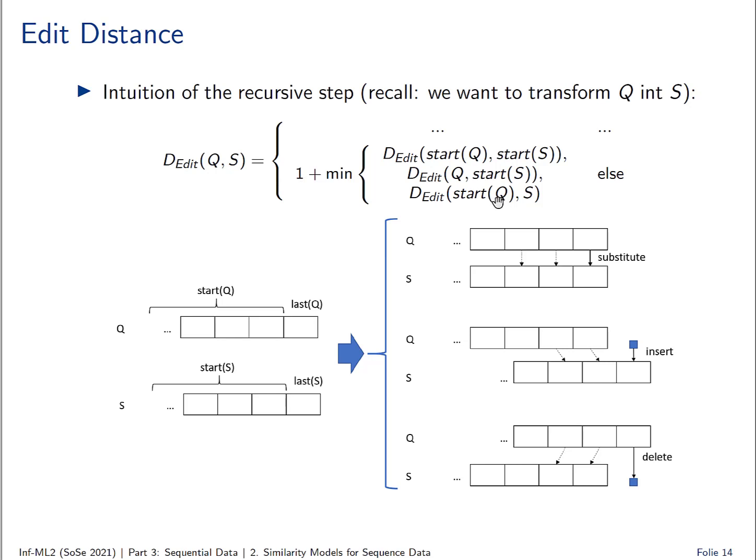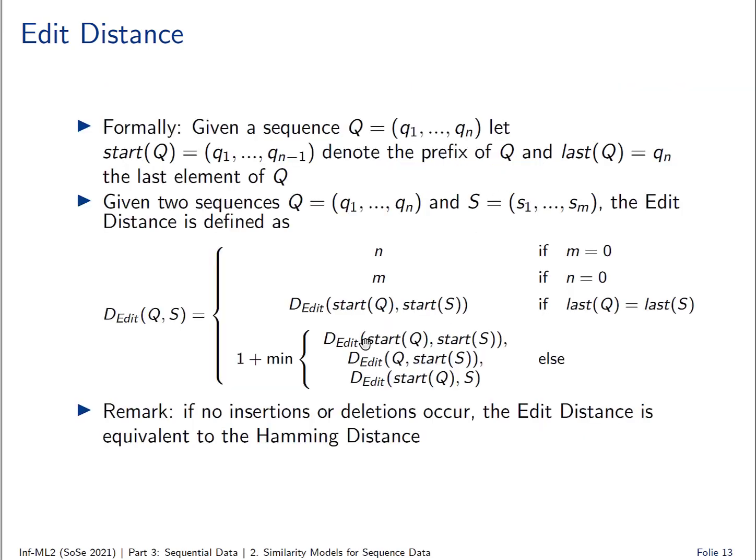And of course, since we want the edit distance to be the minimum number of edit operations, we look at all of those three options and take the one with the minimum number of edit operations. So we take one, which is the edit operation for the last element, plus the minimum of these three options here. And that is the most important part of this recursive formula.